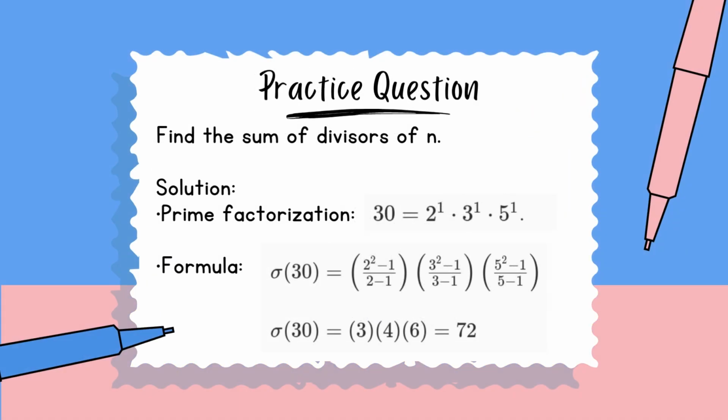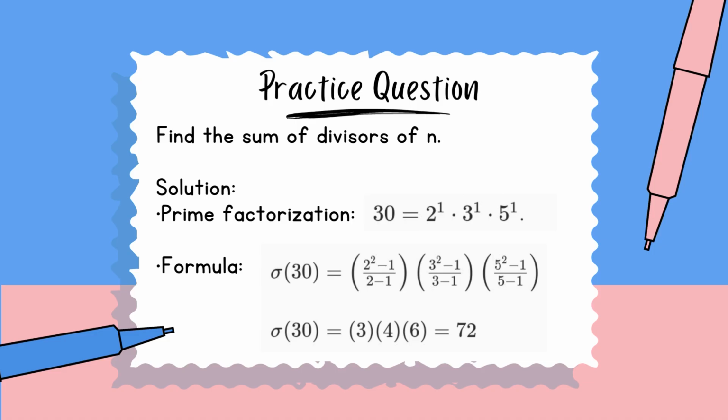Here's a practice question. Find sigma of 30. Again, step 1, factorize: 30 is equal to 2 to the power of 1, times 3 to the power of 1, times 5 to the power of 1. Step 2, use the formula.